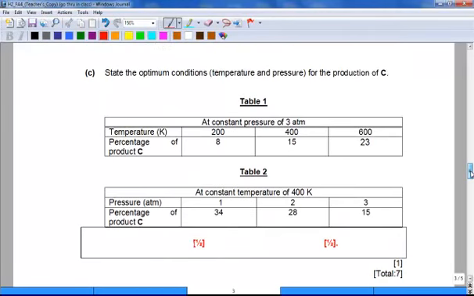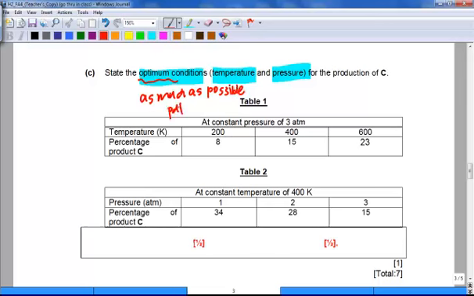Part C asks you to state the optimum conditions, in terms of pressure and temperature, for the production of C. So in this case, optimum simply means you want to produce as much C as possible, as much of the product as you can. So based on this, you just look at the tables given to you. Table 1, you have most product C when it is at 600 Kelvin, high temperature.